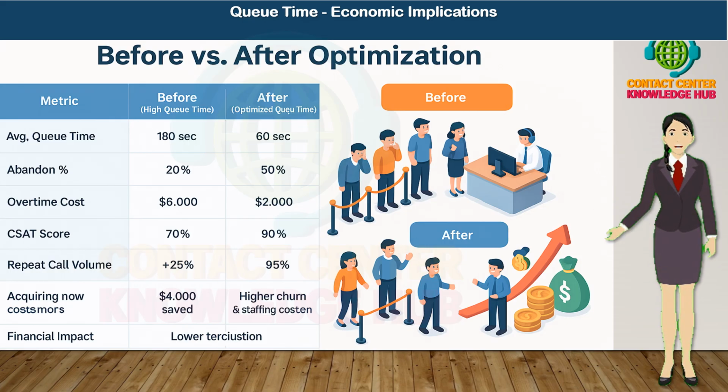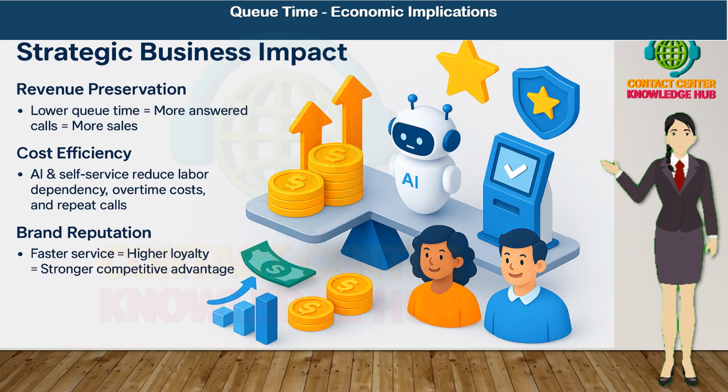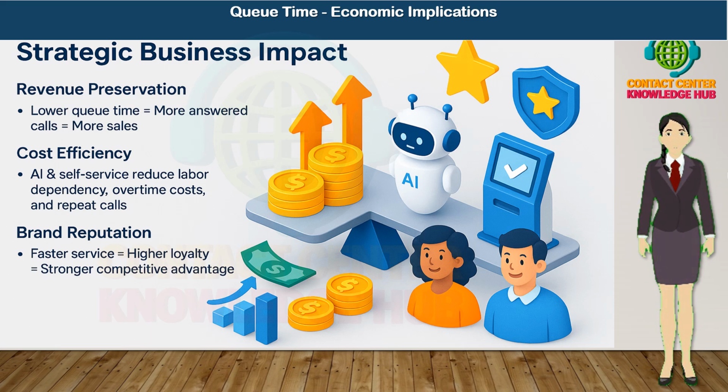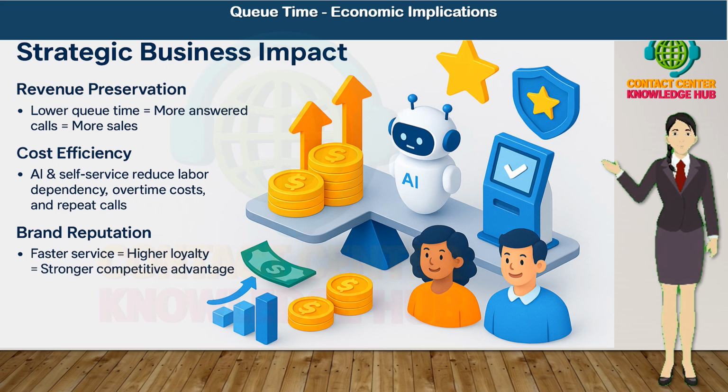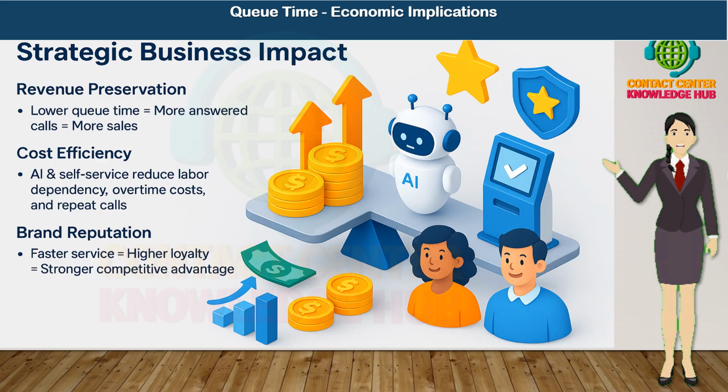Let's wrap up this section by looking at the strategic business impact of managing abandonment effectively. First, revenue preservation. Lower queue times mean more calls are answered, which directly translates into more sales and higher revenue capture. Second, cost.